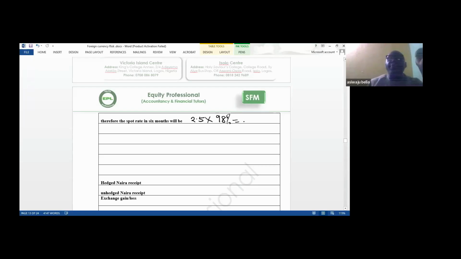You are going to have 2.45 Waka per Naira. In this case, Naira has lost 2% and Waka has gained 2%. The spot rate is now 2.45 Waka per Naira.